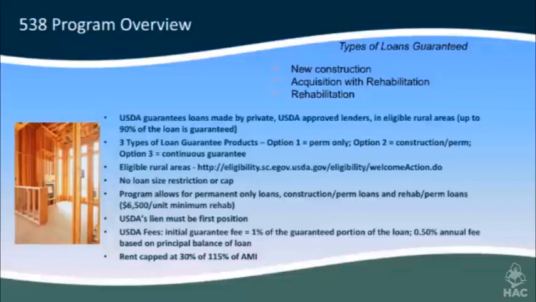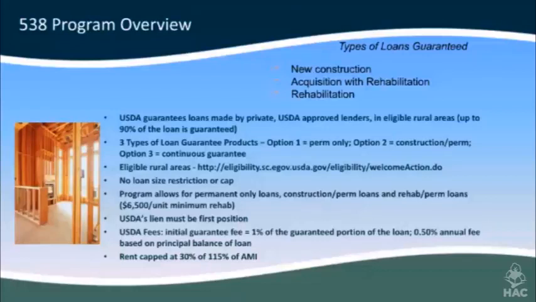So the state offices are currently reviewing loans except for those that are larger than $5 million. The program allows for, again, permanent only, construction perm, and rehab without acquisition. For rehabs, you have to have a minimum of $6,500 per unit to qualify.